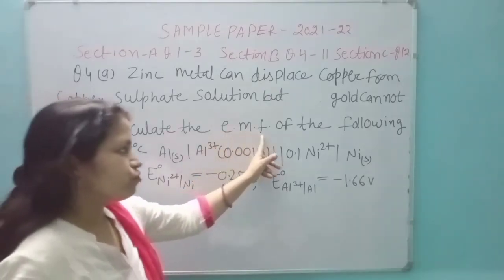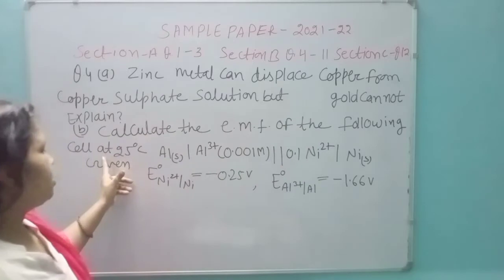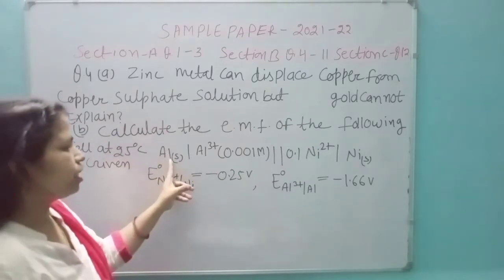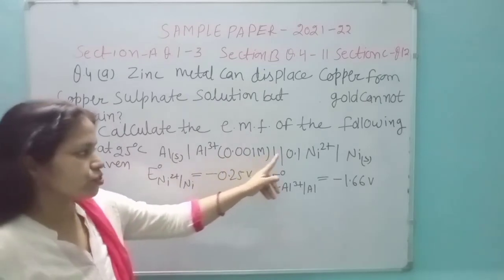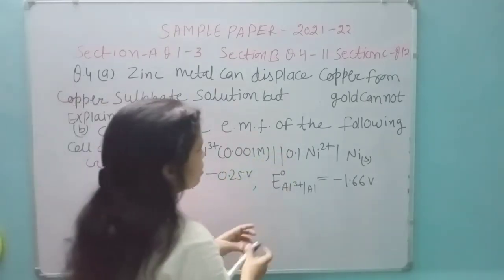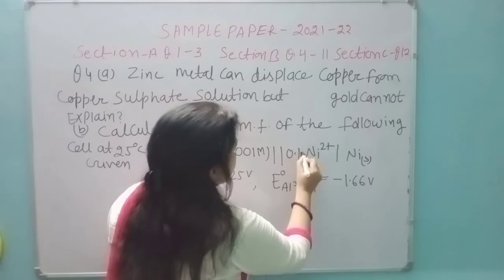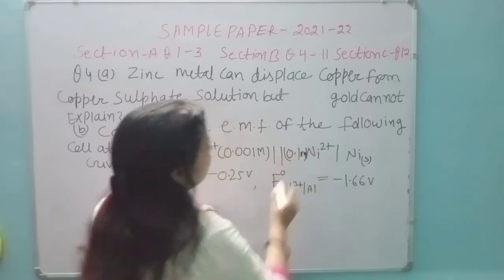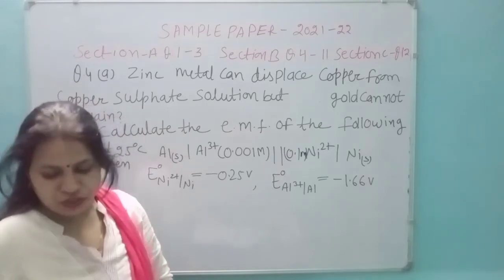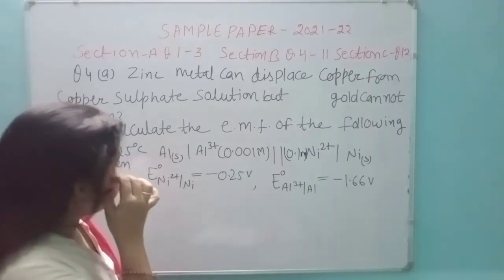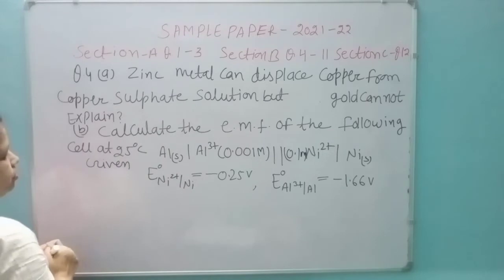So the electromotive force of the following cell, an aluminium and nickel cell. The Al3+ concentration is given here, and the Ni2+ concentration, and nickel. So it's clear. Let's see how to write the answer.